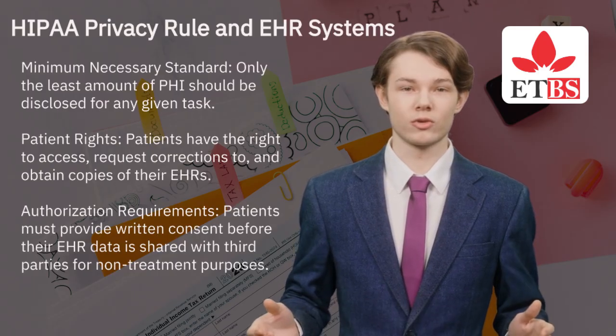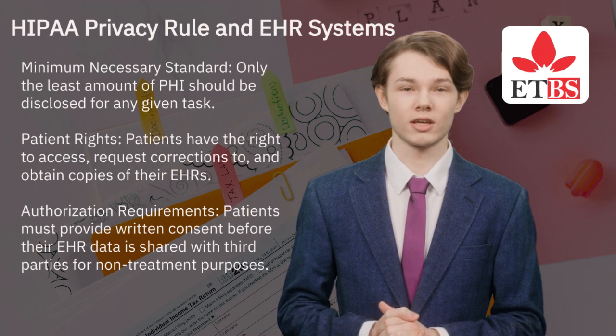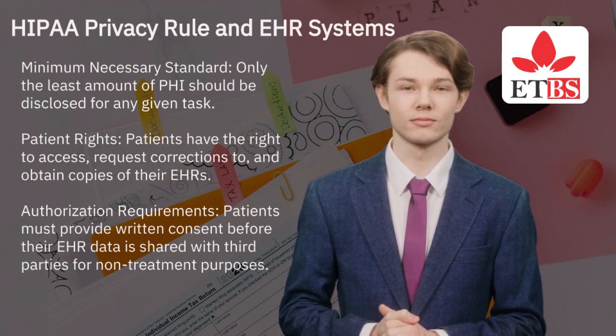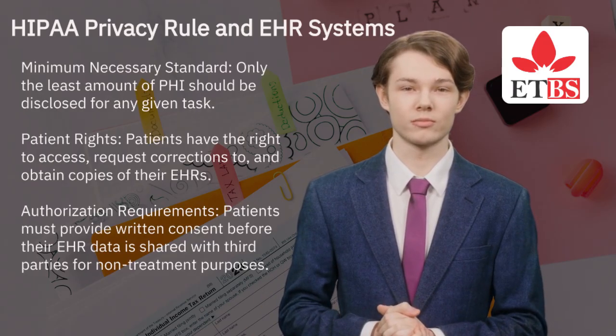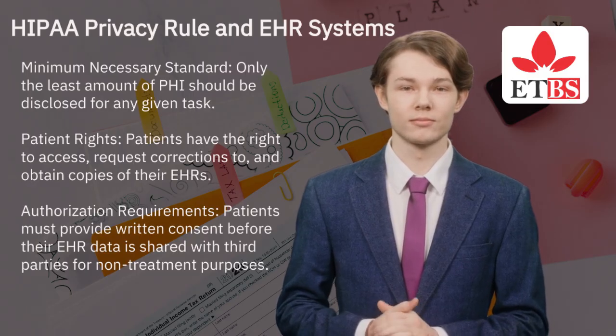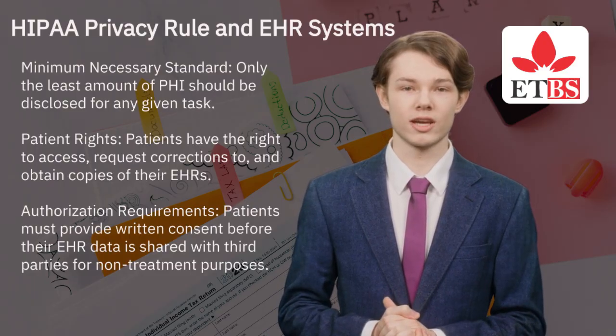2. HIPAA Privacy Rule and EHR Systems. The Privacy Rule sets limits on how PHI, including EHR data, can be used or disclosed. Core principles include the minimum necessary standard: only the least amount of PHI should be disclosed for any given task. Patient rights: patients have the right to access, request corrections to, and obtain copies of their EHRs.